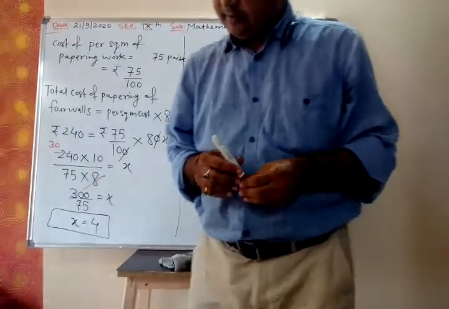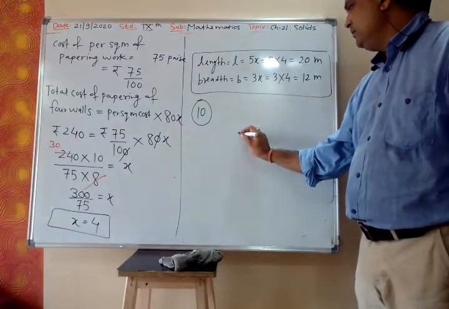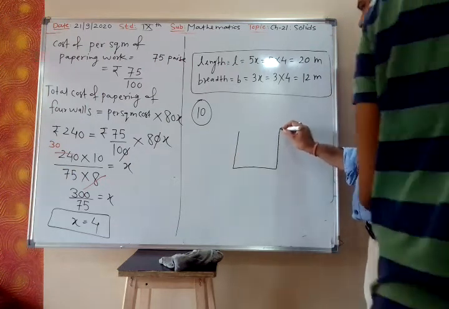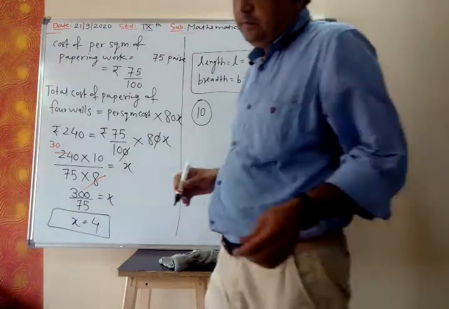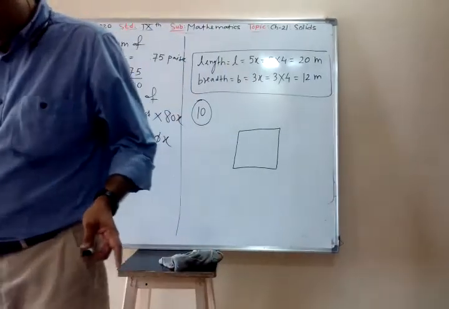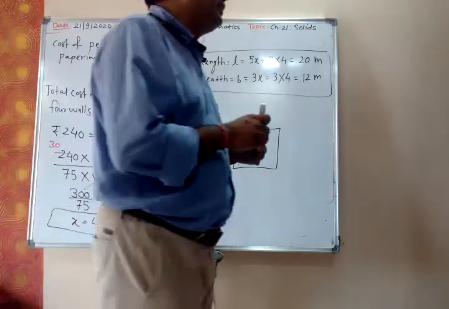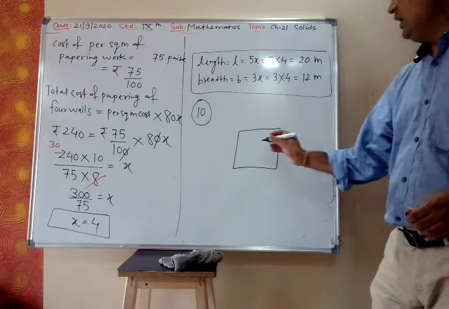So first we take the base as square. This is my square. Then we are given length and breadth. Then the thickness is nothing but the height.